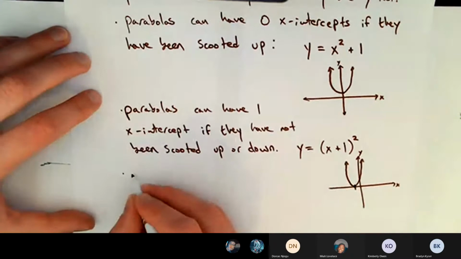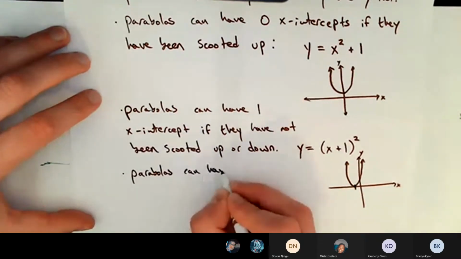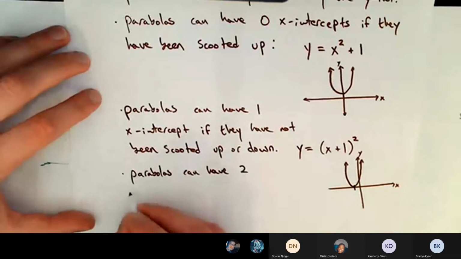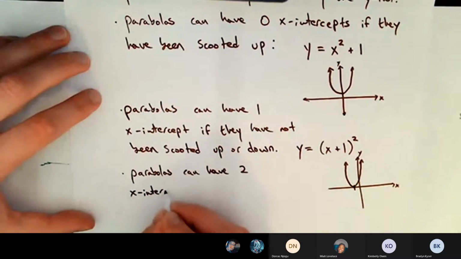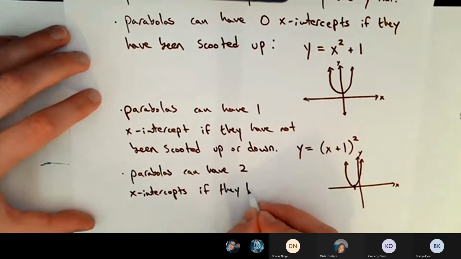And of course, the last case, parabolas can have 2 x-intercepts if they've been scooted down.